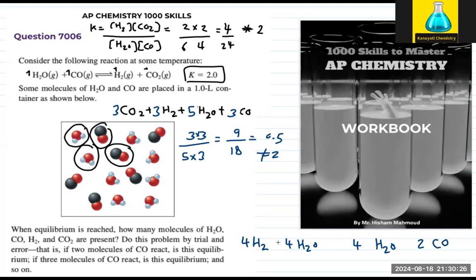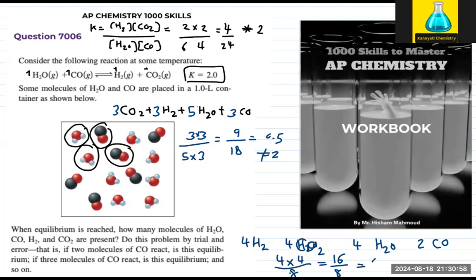So let's make the multiplication. For the products, H2 is 4, and CO2 is 4, and this is equal to 16, and the reactants, H2O is 4 and CO is 2, so 4 multiplied by 2 is 8.